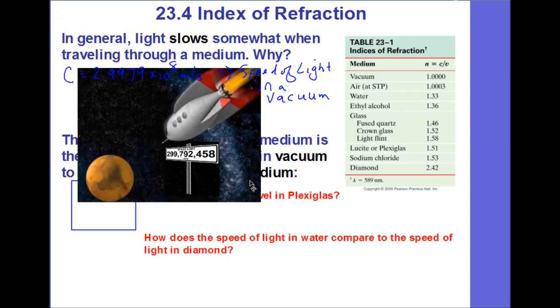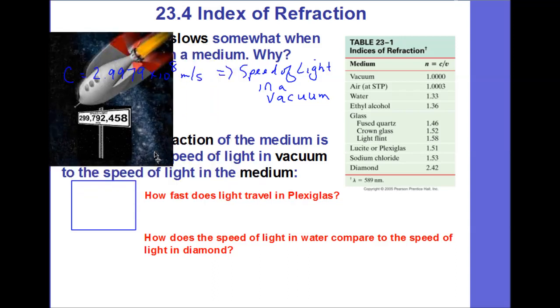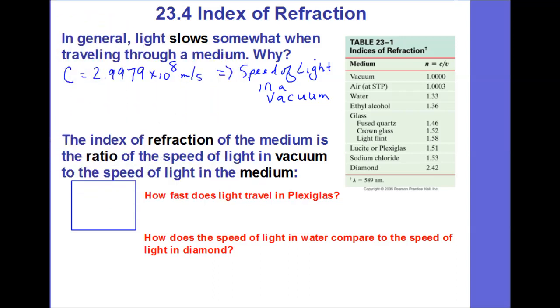Maybe there's a rest area that they have to stop at for a minute, and then once they get back into their spacecraft and take off again, it takes a little bit of time. That's maybe the way we can think of light slowing down when it travels through some substance where it must be absorbed and then re-emitted. So a lot of that decrease in speed is due to absorption and re-emission.